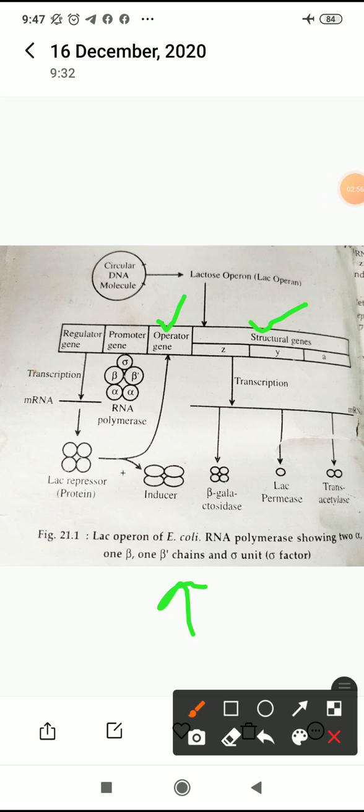The product of regulator gene, see regulator gene here, inhibits the action of structural genes. See the product here, and it goes and blocks operator gene. And that's why there is no synthesis of these enzymes.